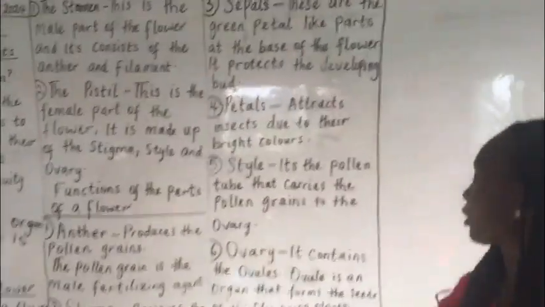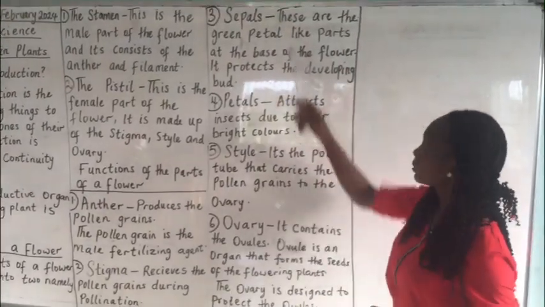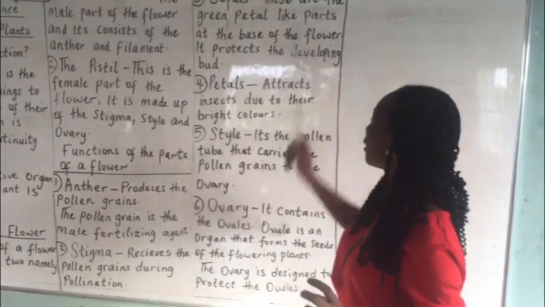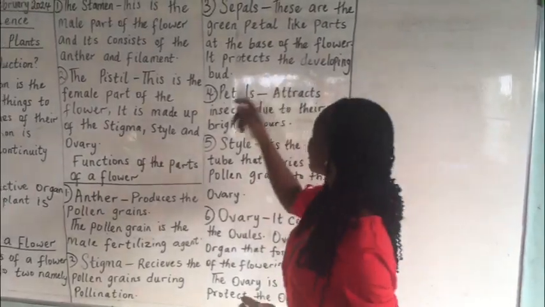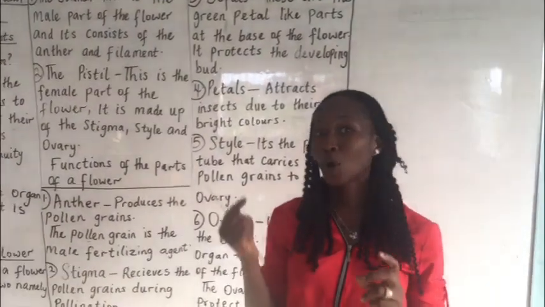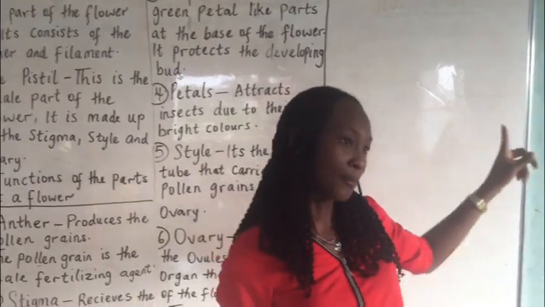Going further, we have the sepals. The sepals in flowers are the green leaf-like parts at the base of the flower.